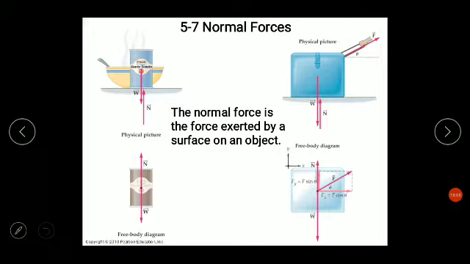But in reaction to that, according to Newton's third law, there should be a reaction. To support the object so it does not fall, the surface will have to exert a force, and we call that the normal force.